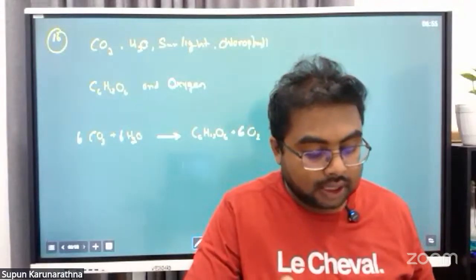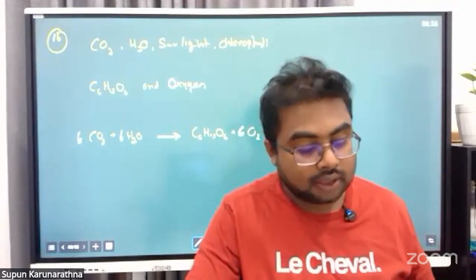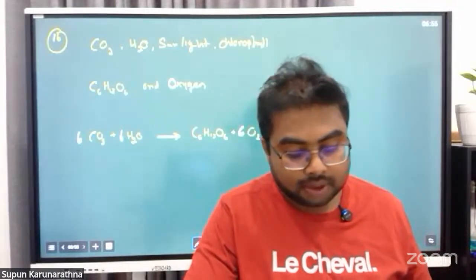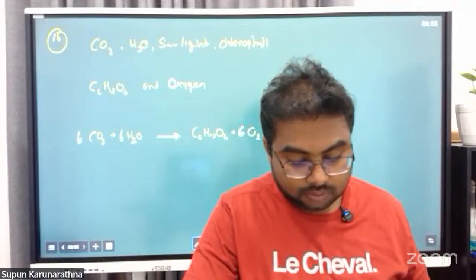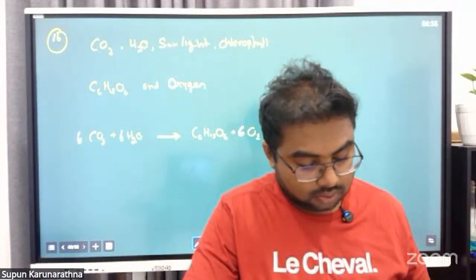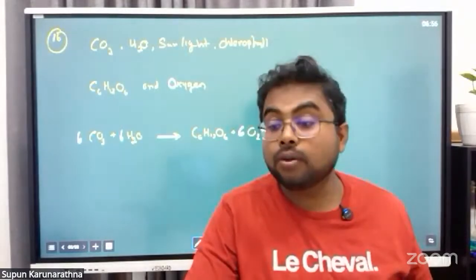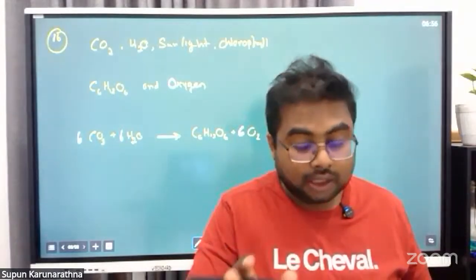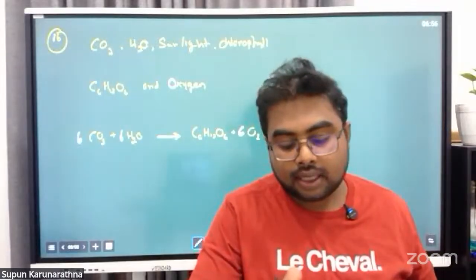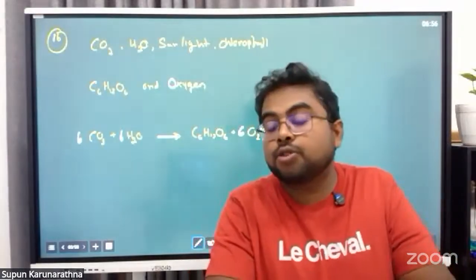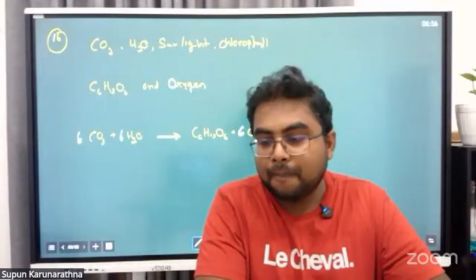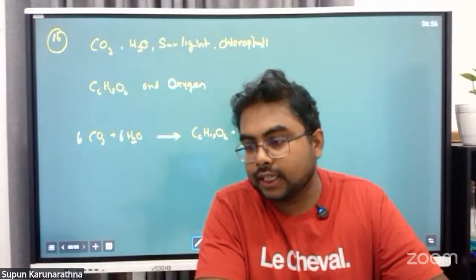Third one, water, sunlight, glucose, chloroplast. Not answer number 3, because it has glucose also, right? So the fourth one, carbon dioxide, sunlight, water, and chloroplast. Answer number 4 is correct.